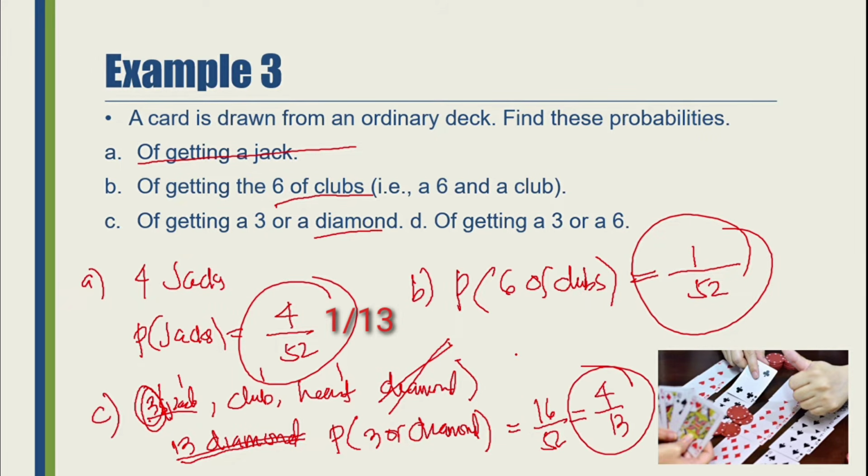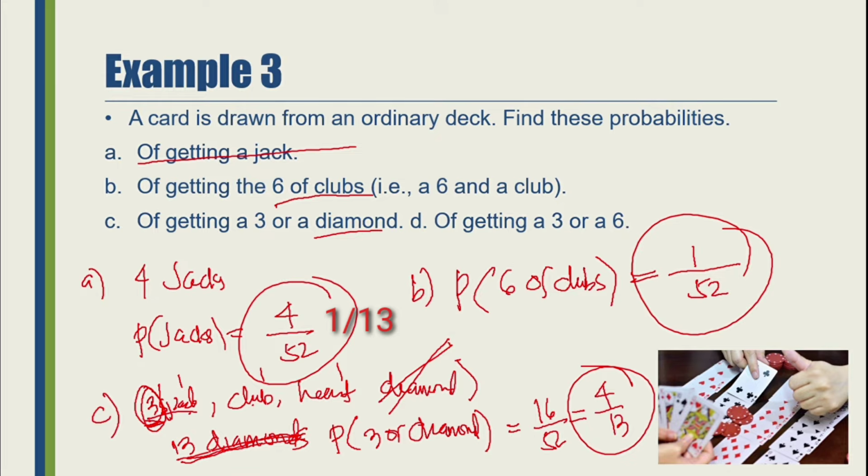So that's it for that one. Again, let's repeat. In 3, there are four suits: the spade, the club, heart, and diamond. So in 3 alone, we have 4 events. But in diamond, there are 13 diamonds from ace to king.